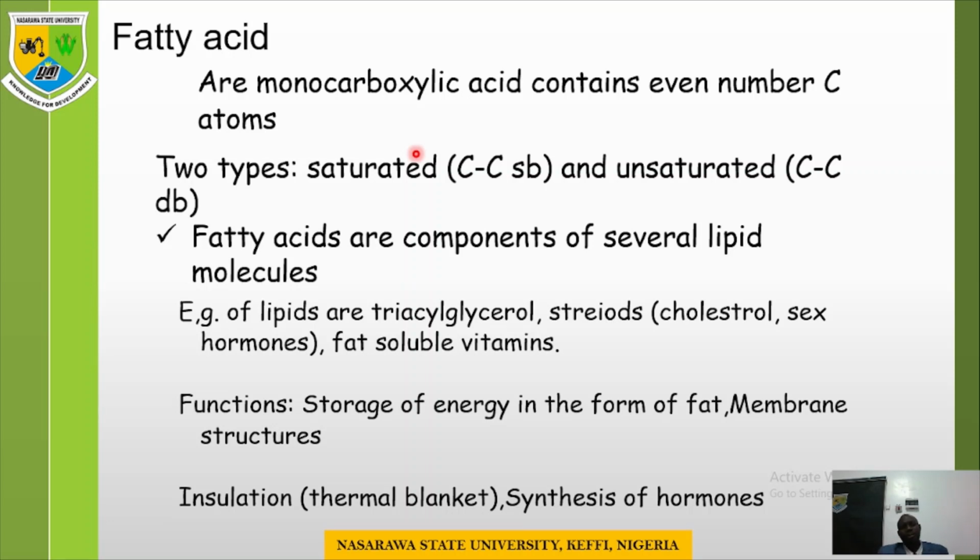Oh my God, oily food. And somebody may also take milk that is very rich, full cream. When you do all these things, you are taking fat. You eat bread with margarine, butter, you are taking fat.